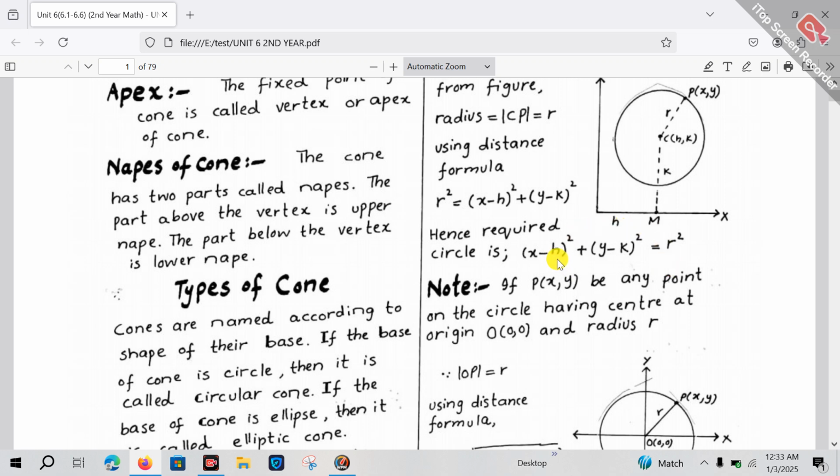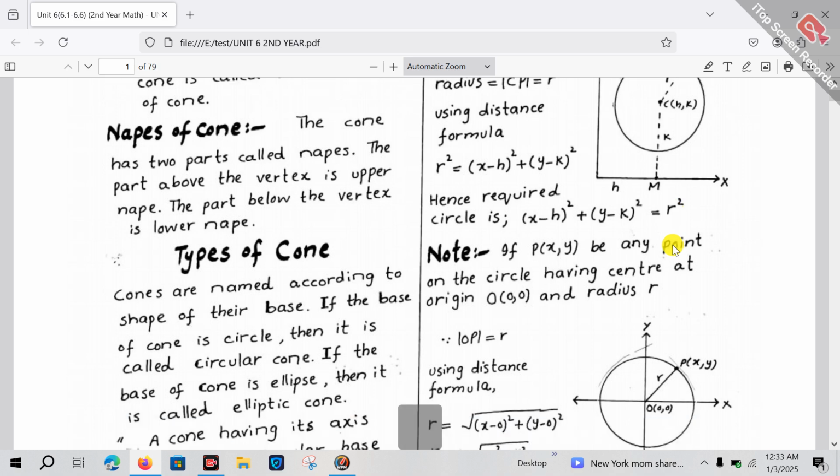Here (x, y) is any point on the boundary of the circle, whereas (h, k) is the center of the circle. Whereas look at this r^2, neglecting the square, look at this r. This r is known as the radius of the circle.